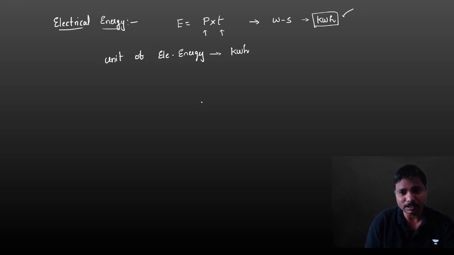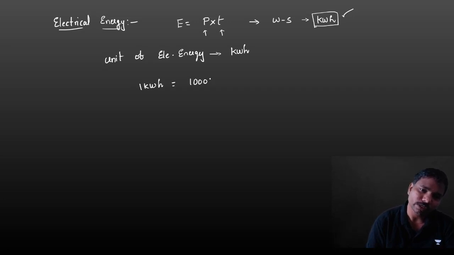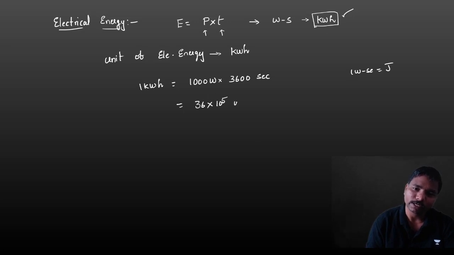The equivalent in joules: 1 kilowatt hour is equal to 1 kilowatt, which means 1000 watts, times 1 hour, which is equal to 3600 seconds, and 1 watt second is equal to 1 joule. So from this, it is 36 into 10 power 5 watt second. Watt second is nothing but joule.